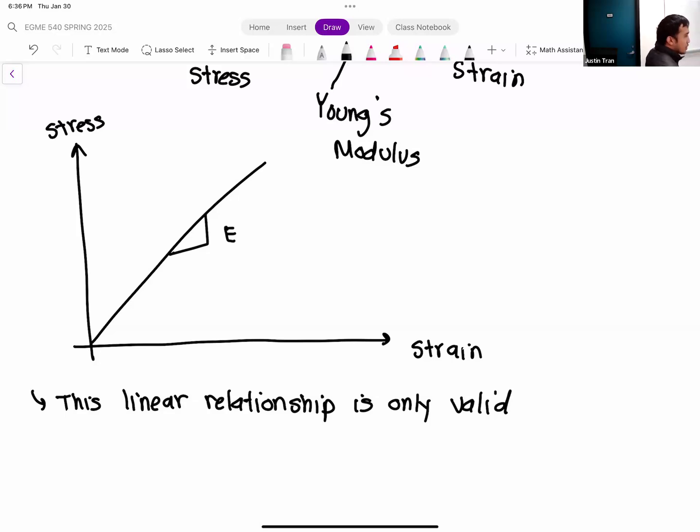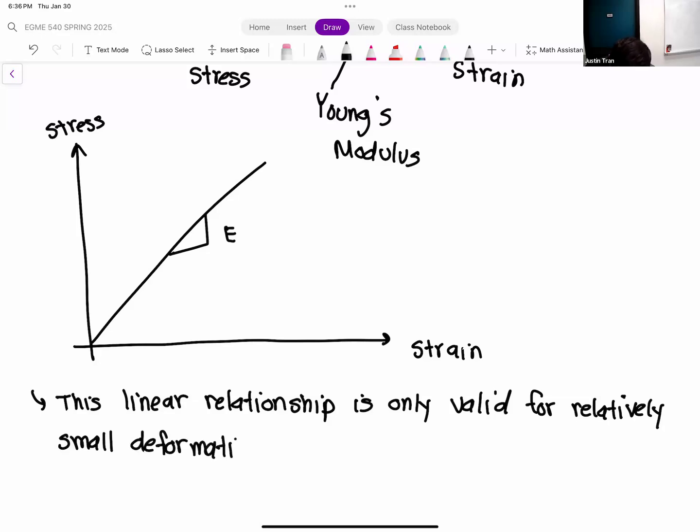Even intuitively, you expect that if you apply increasing stress to a material, it's going to break eventually, right? We just finished talking about failure. And so usually this linear relationship is only valid for relatively small deformations within the material. And of course, the operative keyword here is relatively small.